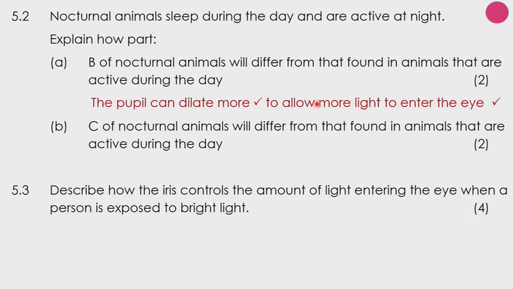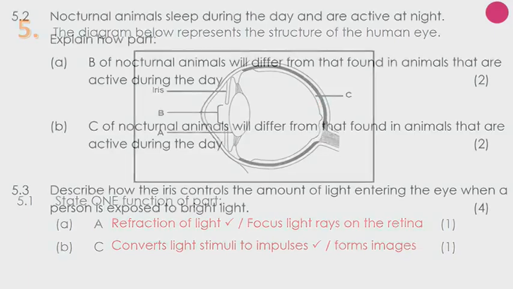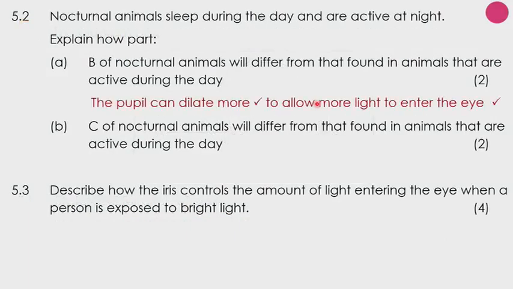The second part then asks about C, referring here to the retina, if you look at the picture there. They're asking you, so in a nocturnal animal, what would be different with regards to the retina of the eye? Now, this relates to the functioning of the photoreceptors, so the rods and the cones. Cones, I've mentioned, are responsible for bright light conditions, looking for color vision. Rods are active in dim light conditions, allowing you to see black and white.